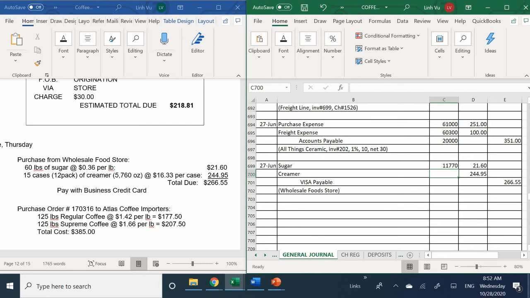And then creamer is 11770, and Visa payable 22,000. Good. All right, now we can go to the ledger.